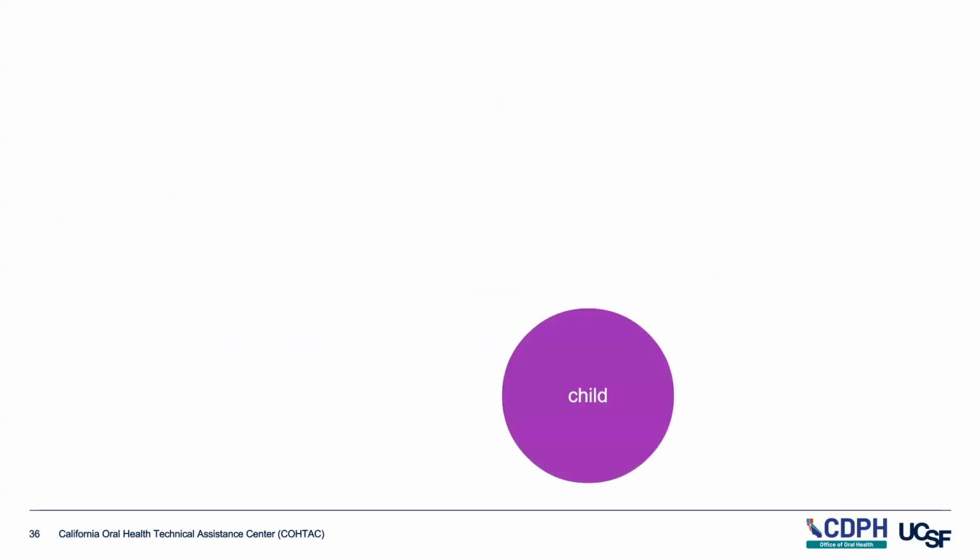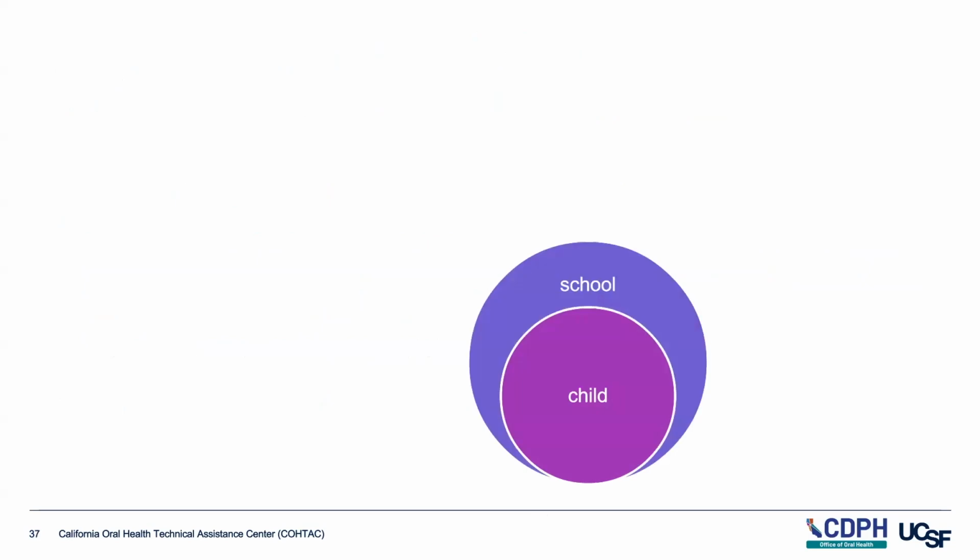Again, the data really starts with one child, that micro level, but let's not overlook that. That's connecting kids with urgent dental care needs to a dental home. Then we look at the school level. You may have all kids reporting and accounted for in one school, or you may not, and you may have one or two schools in there, but that still is part of that data journey.